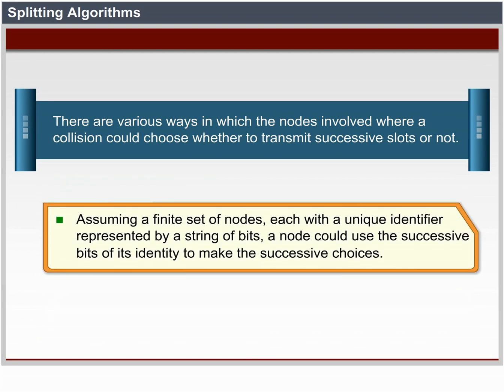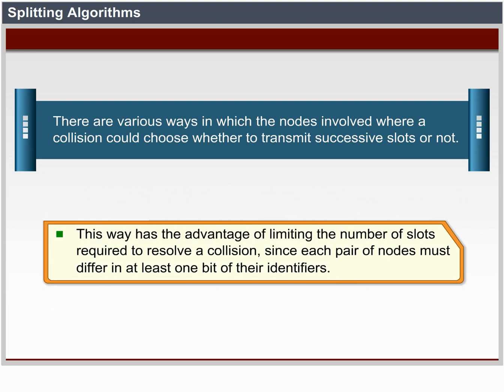Assuming a finite set of nodes, each with a unique identifier represented by a string of bits, a node could use the successive bits of its identity to make the successive choices. This way has the advantage of limiting the number of slots required to resolve a collision, since each pair of nodes must differ in at least one bit of their identifiers.